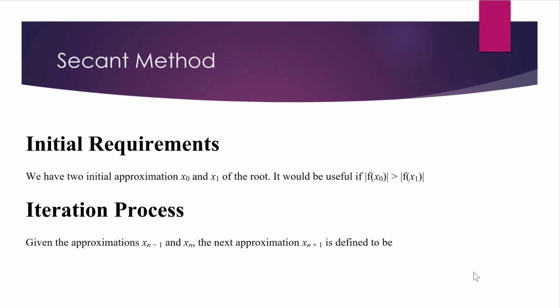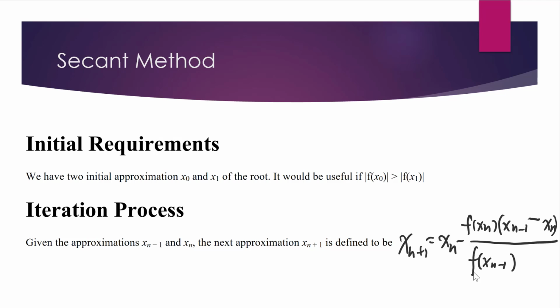Let me show you the formula for the secant method. x_{n+1} equals x_n minus f(x_n) times (x_{n-1} minus x_n) over (f(x_{n-1}) minus f(x_n)).